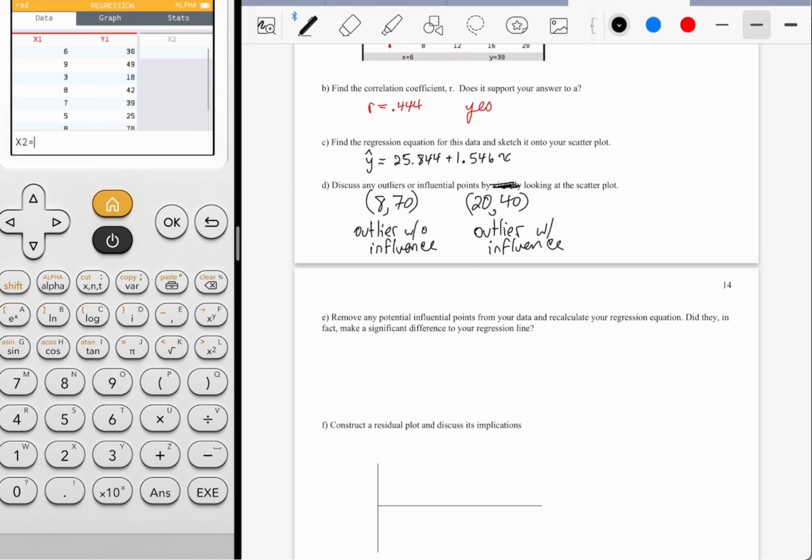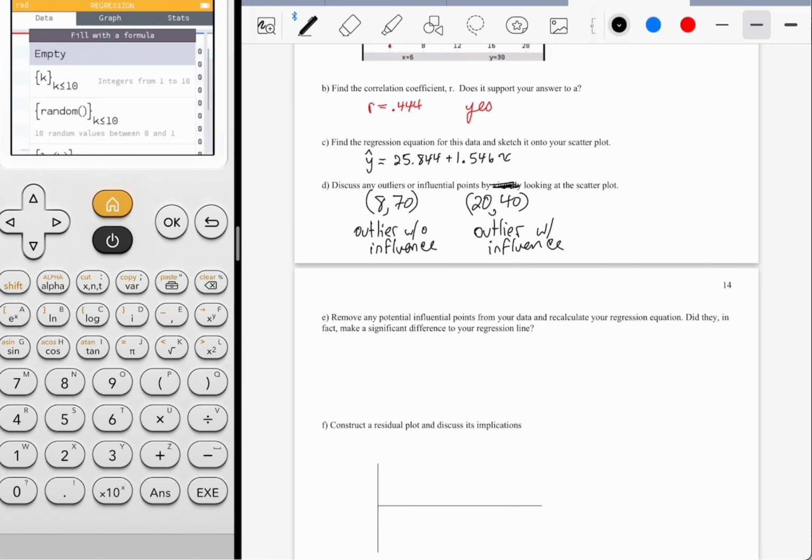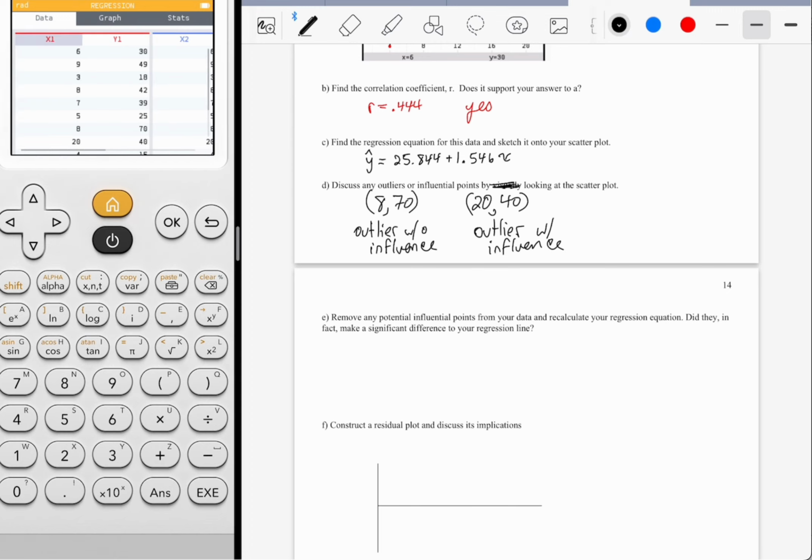Folks, I know this stuff is easy, but I still think it requires a little bit of focus and attentiveness. So fill with formula. It's also possible it's not as easy as you think it is, so we'll see. Because we still haven't gotten to the part where we actually analyze stuff. It's just crunching numbers.